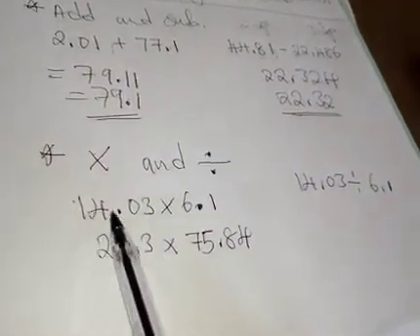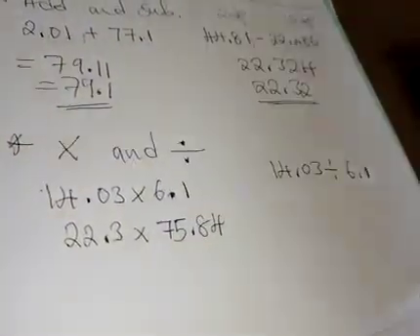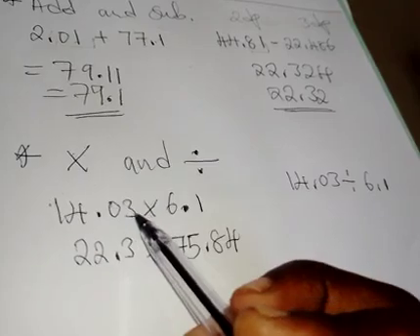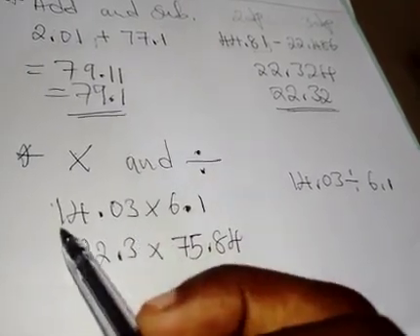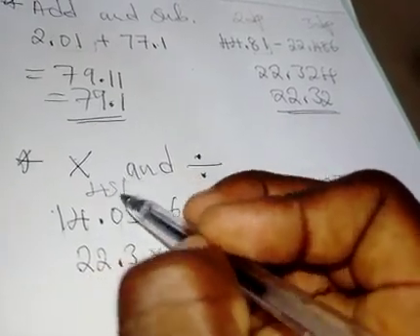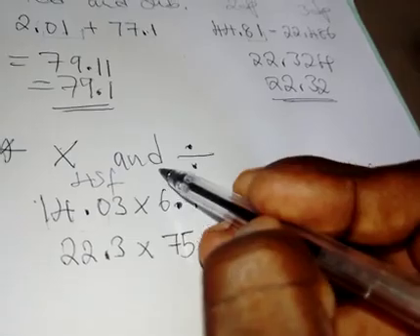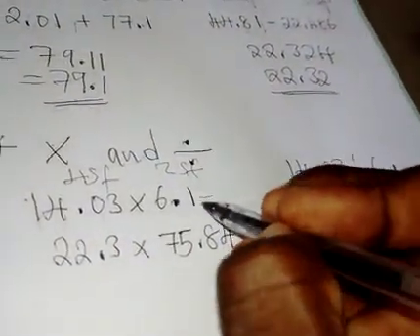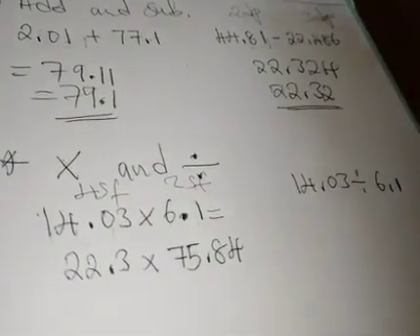So this is 14.03 times 6.1. In what we are multiplying, 14.03 has how many significant figures? That's 1, 2, 3, 4. So this is 4 significant figures. Then 6.1 is 1, 2 significant figures. So the answer should be reported correct to 2 significant figures.